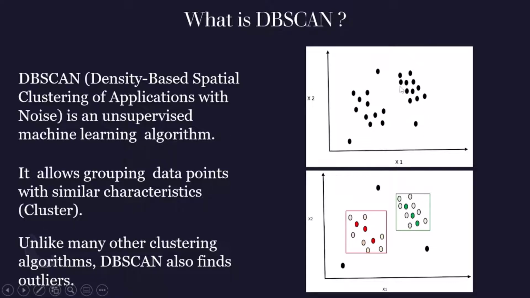So you can see from your plot or from your data set, you can group your data set in two groups. But in addition to that, you can also identify points that are outliers, such as those in black here. So this is what the DBSCAN algorithm, an unsupervised machine learning algorithm, will allow you to do.